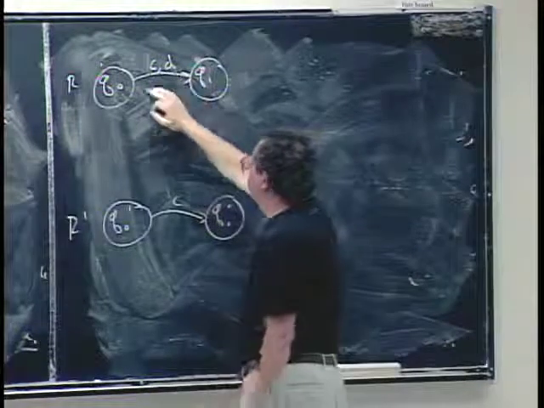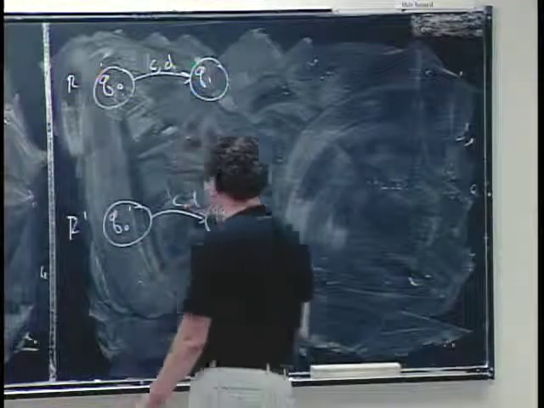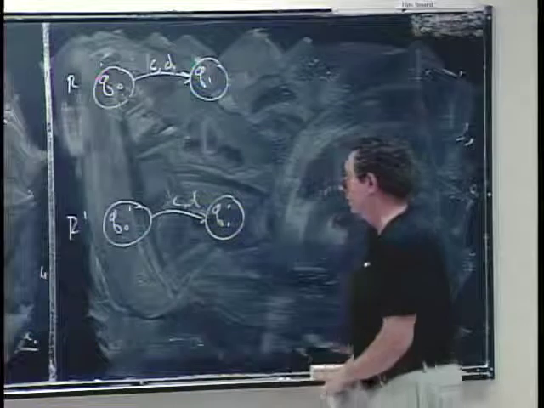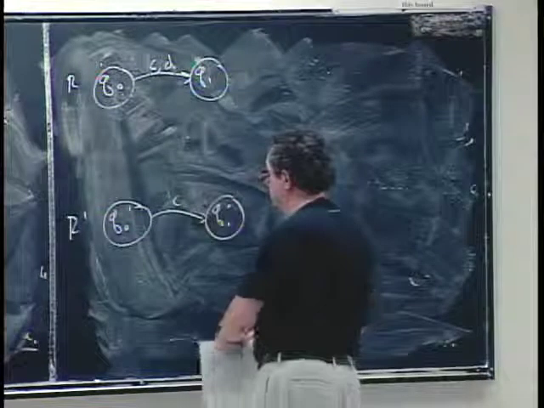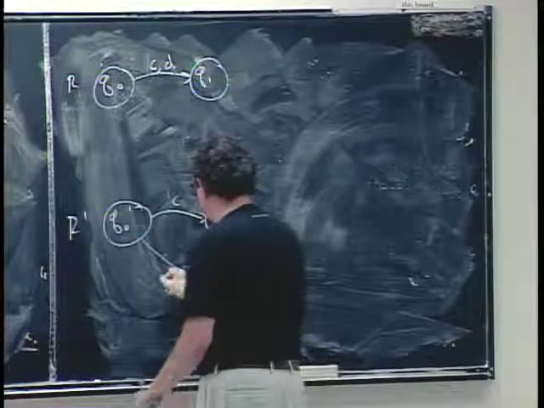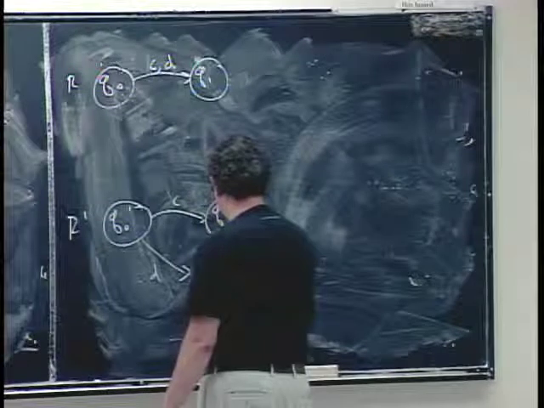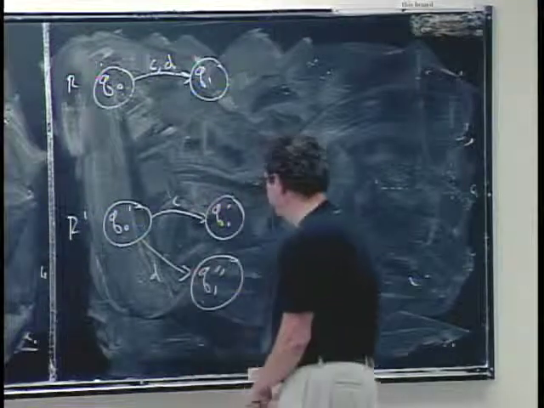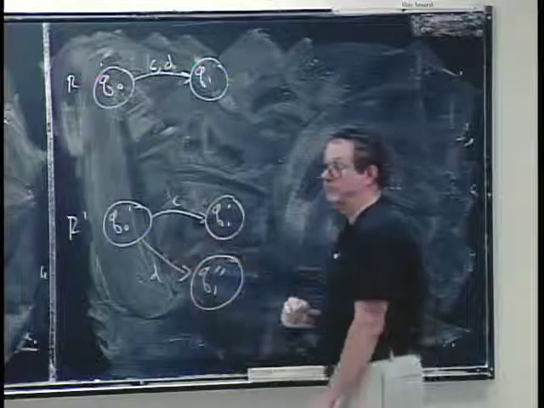So if we have D that takes you from Q0 to Q1, then we must have that. Well, suppose not. Suppose that on D, we got over to here, Q double prime. It was a different state than Q1 prime.